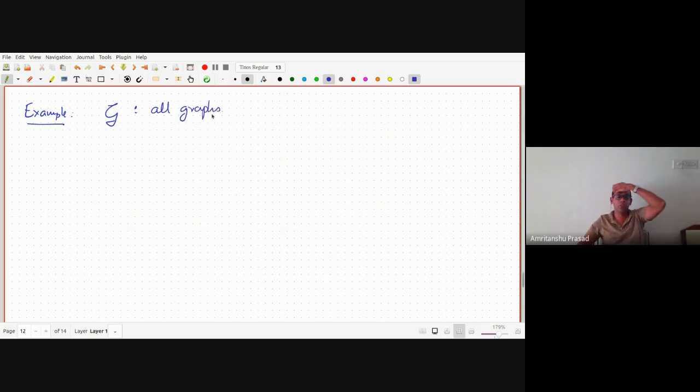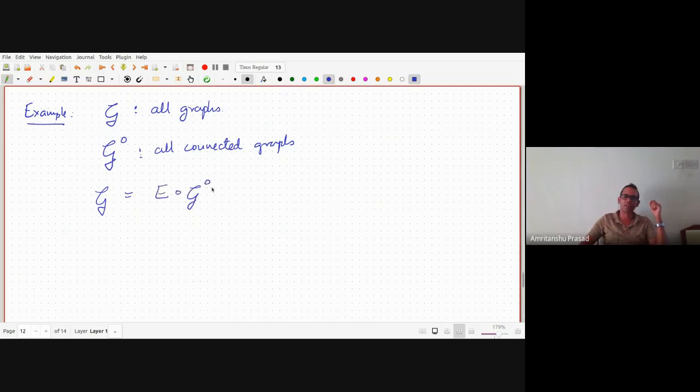That is, G of U is graphs whose vertices are labeled by U. And G naught maybe denotes the species of all connected graphs. Then G is an assembly of connected graphs. So a graph is an assembly of connected graphs. That is, you take the vertex set, divide it into subsets, and then you just put a connected graph structure on each subset. And that's the same as putting a graph structure on the entire vertex set.